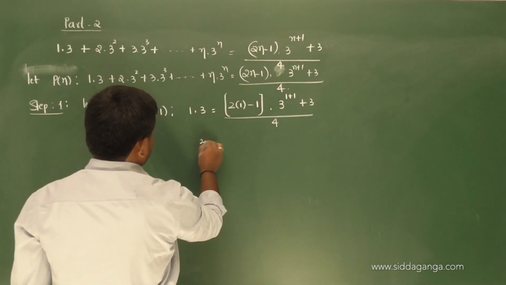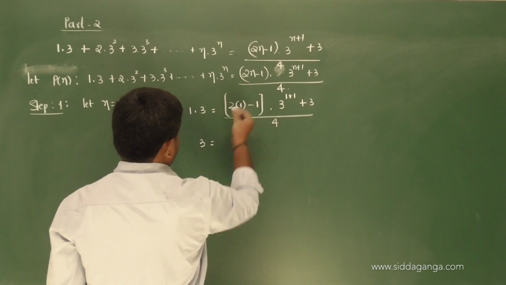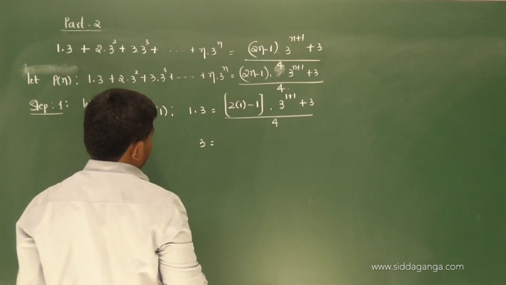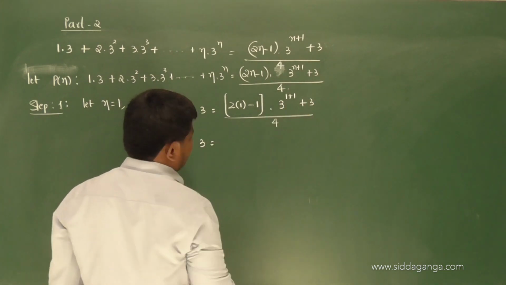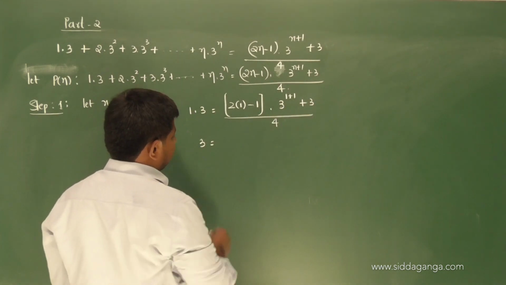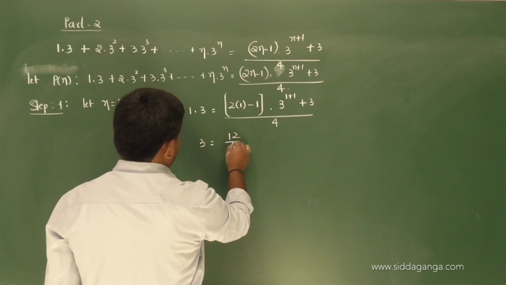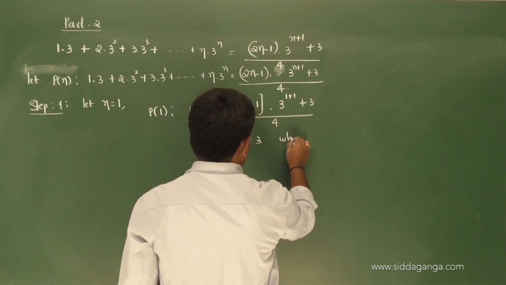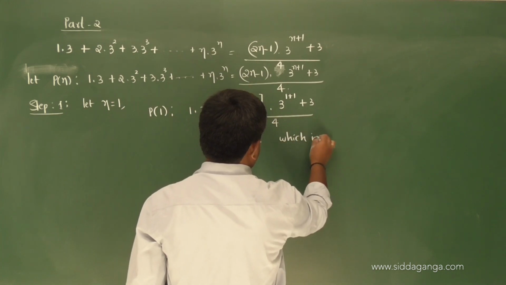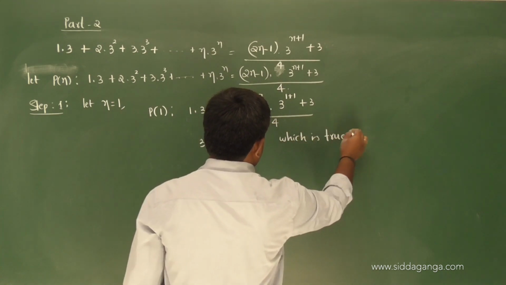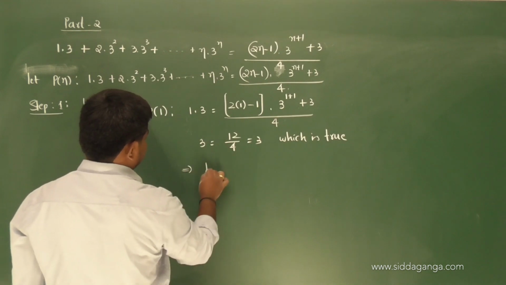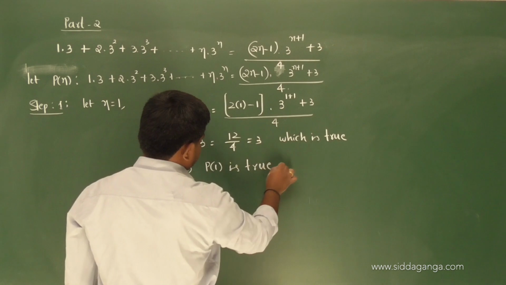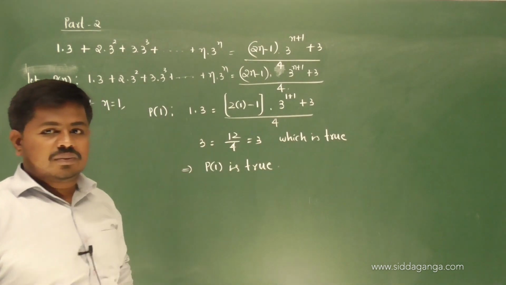So you get 3 is equal to, what do you get? 2 minus 1, that is 1. So 3 power of 2, 3 square plus 3, 9 plus 3 is 12, 12 by 4 is equal to 3, which is true. LHS equal to RHS, which is true. This implies P of 1 is true. Very simple.